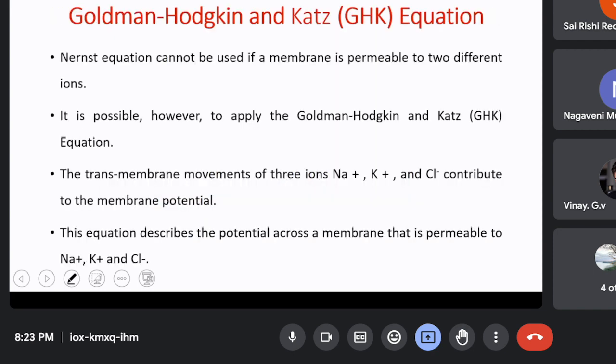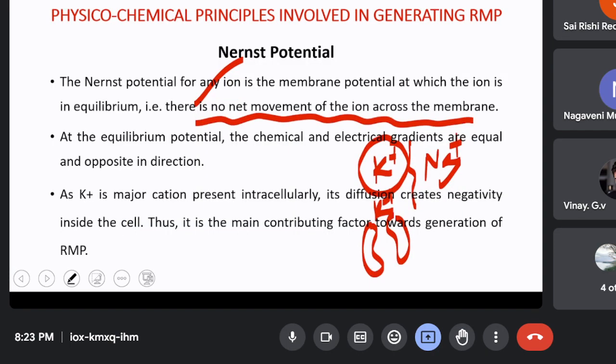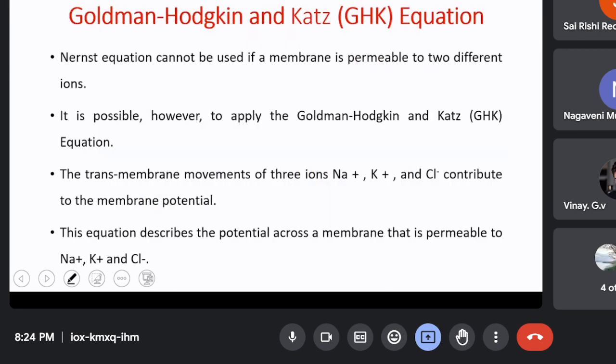There is another one called the Goldman-Hodgkin and Katz equation. The Nernst equation is related to any one single ion, whereas the Nernst equation cannot be used if a membrane is permeable to two different ions.